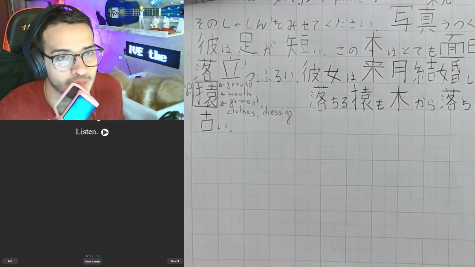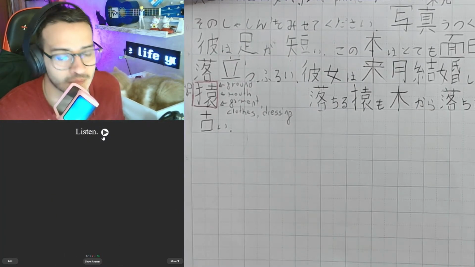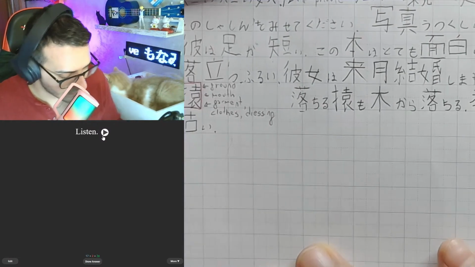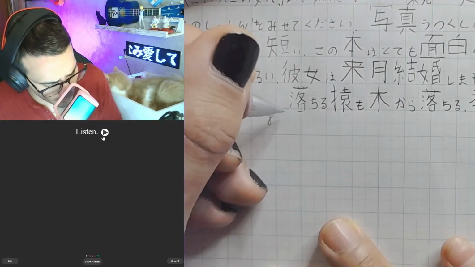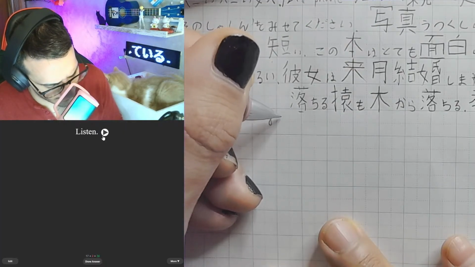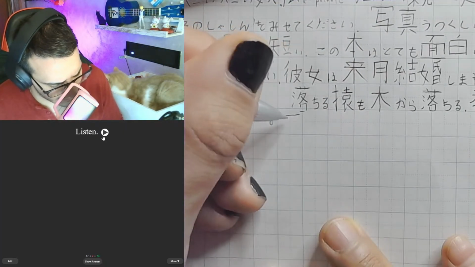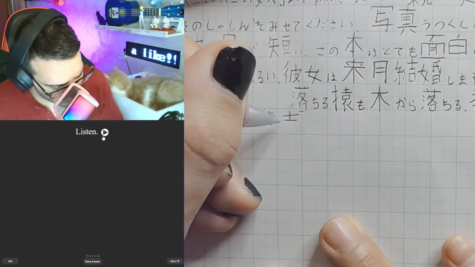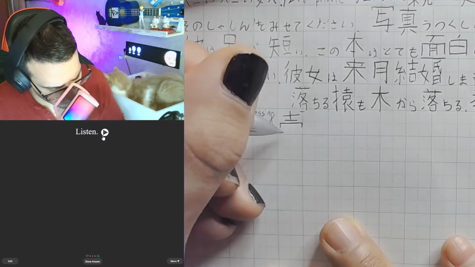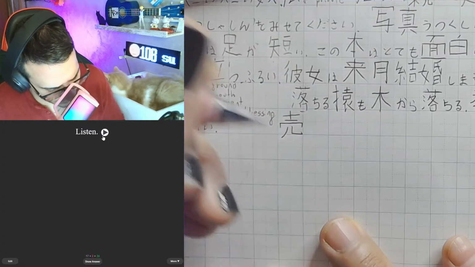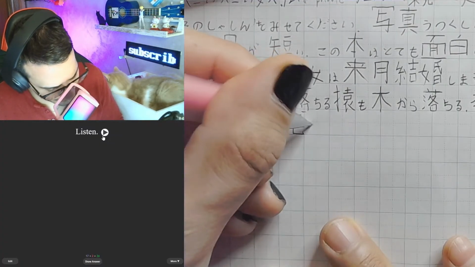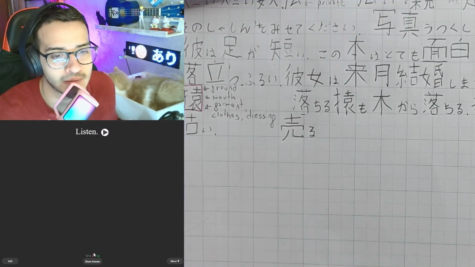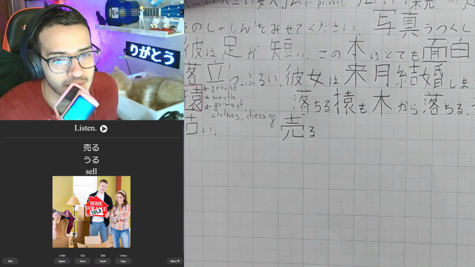Easy. 売る. How do we write 売る and what does it mean? 売る means to sell, and when you sell something you call a samurai with a crown and walking legs. 売る, to sell. Easy.